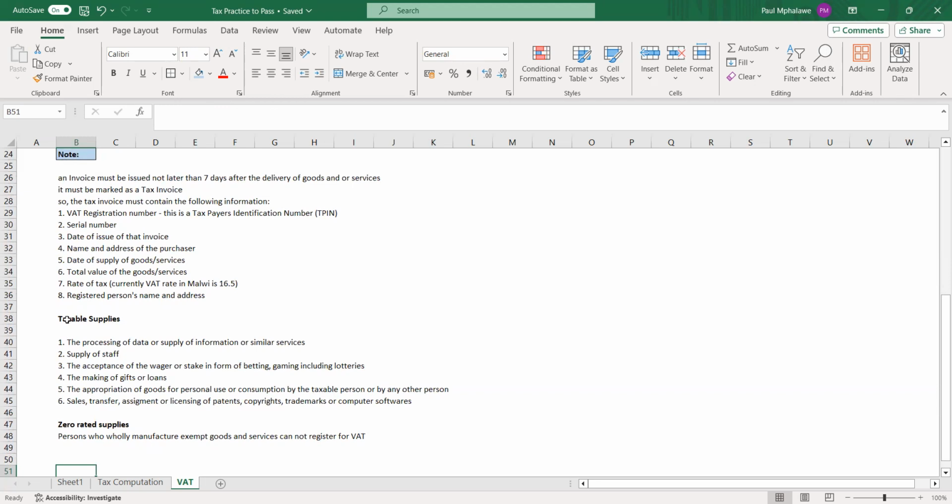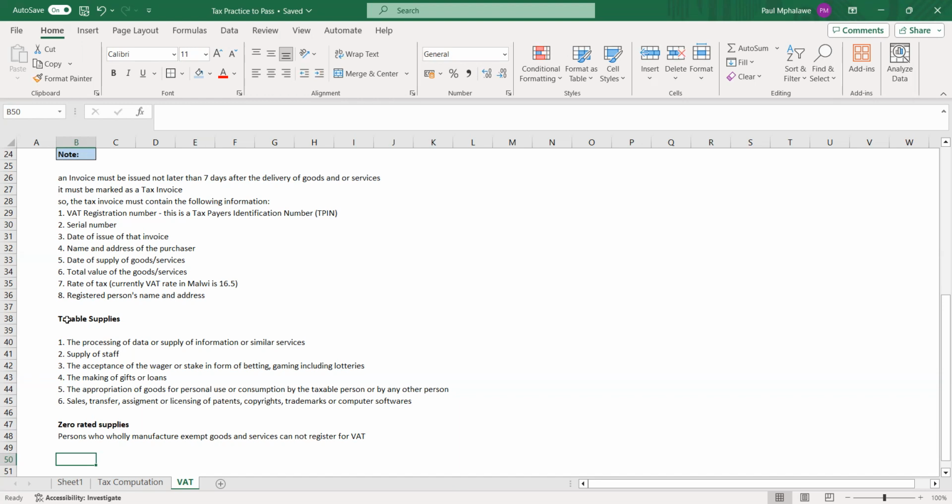There are times also when a manufacturer or seller, a wholesaler, can have a mixed supply where you partially manufacture or sell goods exempt from VAT and goods that are chargeable VAT. What should you do? Mixed supplies or partial exemption refers to supply of both taxable and exempt goods.